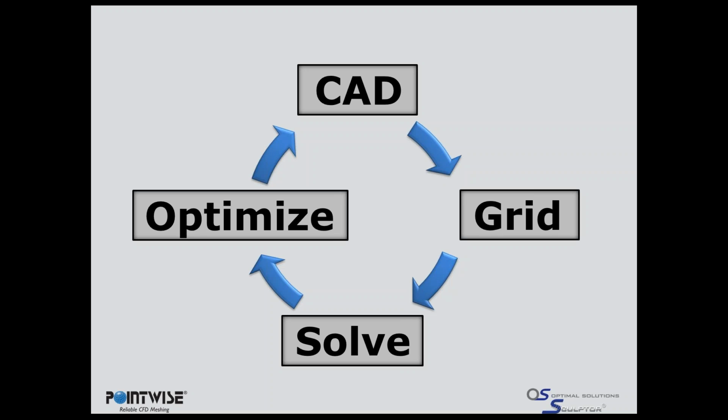The problem with this is that sometimes it is very challenging to parameterize CAD, particularly if it is very complex. Not to mention, if you parameterize CAD and you regenerate that geometry and pass it on to the mesher, you have to remesh it for each design, which can be very time consuming, not only from the standpoint of automating that process, but also just from generating the grid in general, hundreds or thousands of times throughout the optimization.